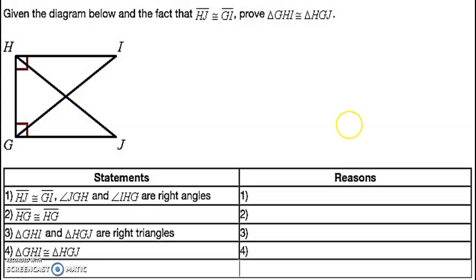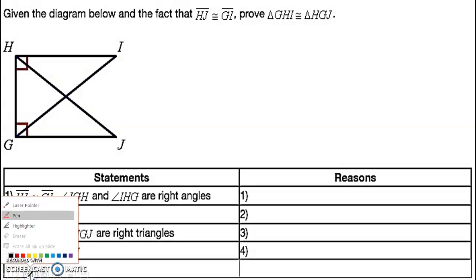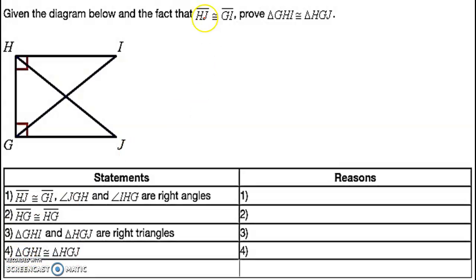Let's try another proof here. Just complete the table. So we are given that HJ, which is this line, is congruent to JI, which is this long one also. And if you look at those lines, these are two overlapping triangles, IHG, which is one of them. That triangle is a right triangle because we see the sign there.